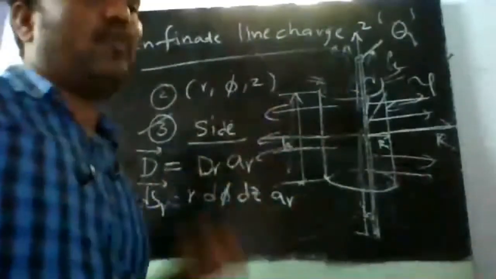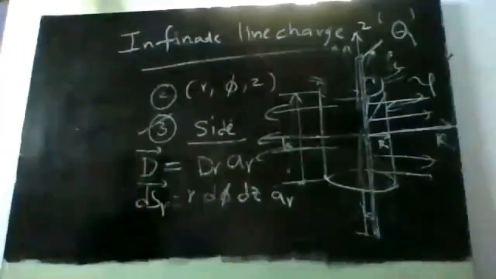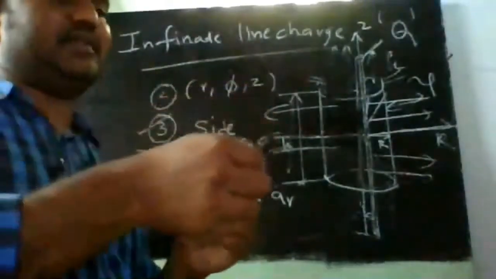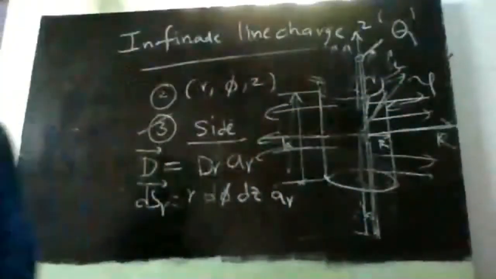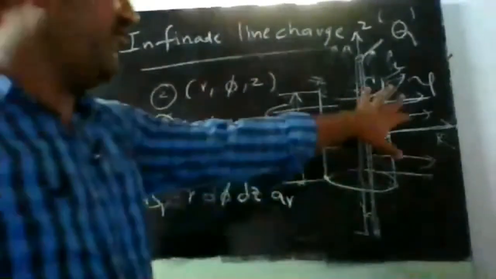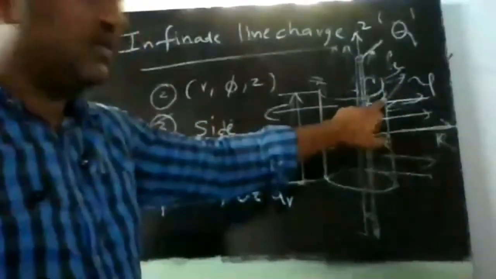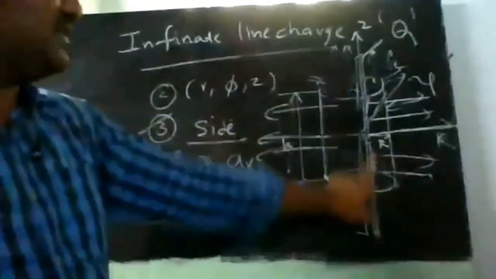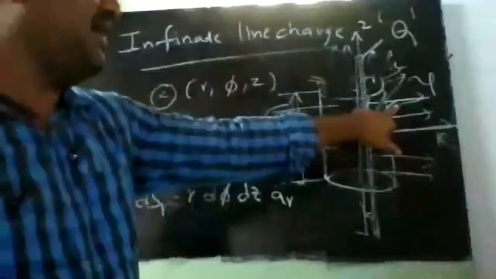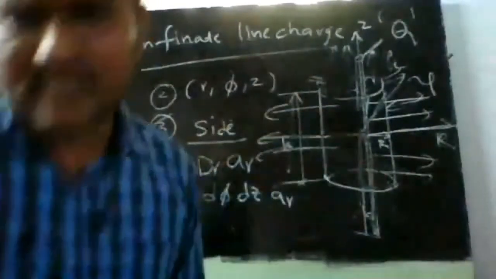It is not the phi axis either. Why? Because phi represents a certain angle, right? The angle can be like this, it can be like this, completely arbitrary. When I get something like this, this is not normal. So for it to be normal, the flux line should make 0 degrees with the side of the cylinder.